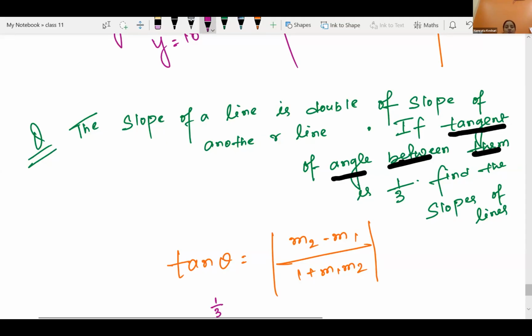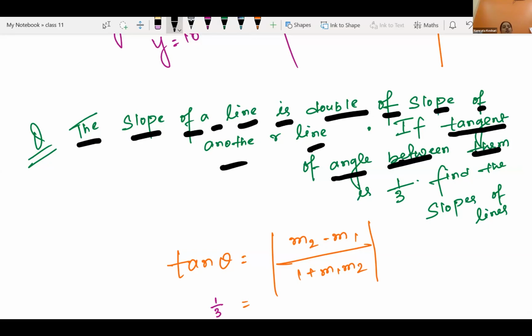That is equal to, now let's read the question. The slope of a line is double the slope of another line. So if M1 is there, M2 is there. If you say M1 is just M, then M2 will be 2 times M. Yes or no? Or if you say M1 is x, then M2 will be 2x. Yes or no?